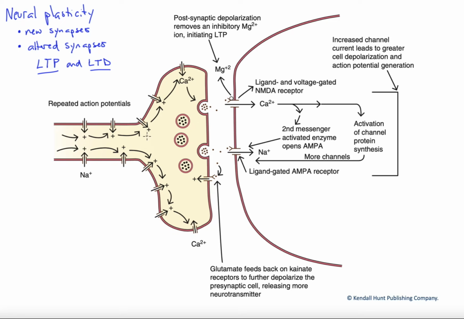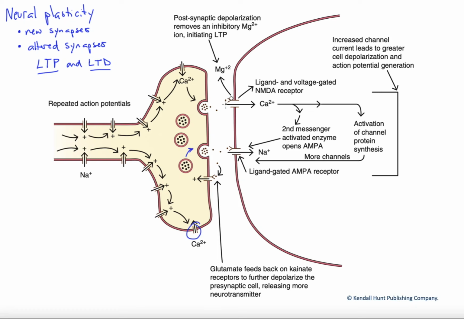In other words, stronger connections at those same synapses. In our example here, we've got a presynaptic cell firing a nerve impulse, increasing our calcium influx. We're going to release our neurotransmitter in response to that, and our neurotransmitter is going to bind to a couple different receptor types over here.